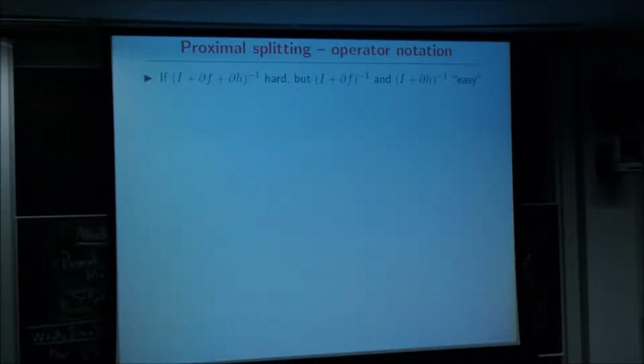So you cannot easily handle the sum, but you can often easily handle the individual components. You want to be able to exploit that, which gives birth to this entire area of proximal splitting. So let's derive a fixed point equation.